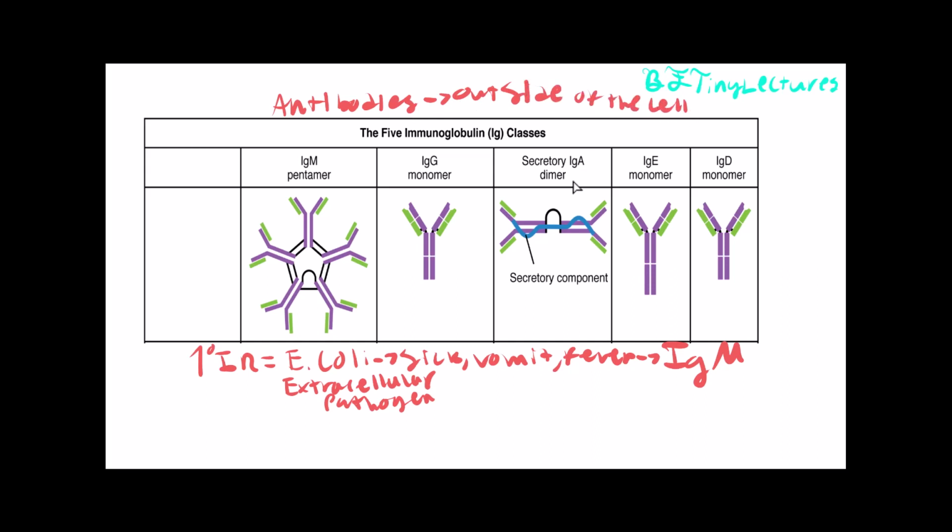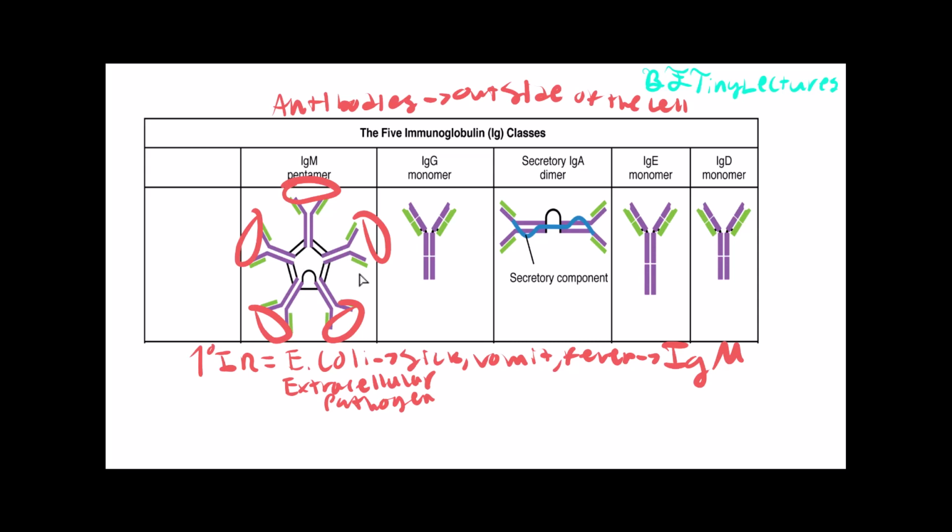And you'll see why in a few minutes. But notice that the IgM has so many antibodies pitted together. Well, that's great, because here we have an E. coli bacteria, we have another E. coli bacteria, and another, and another, and another. So this IgM can take care of 5 different E. coli bacteria. So the reason why we produce so much IgM is because we want to get rid of as much pathogens as possible.